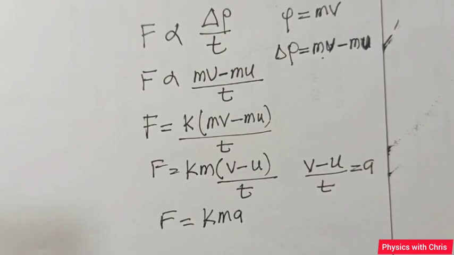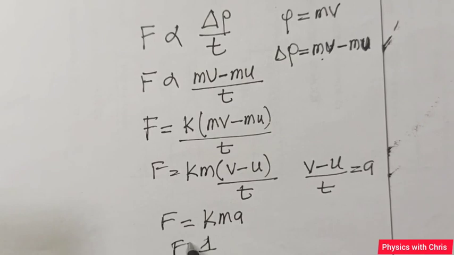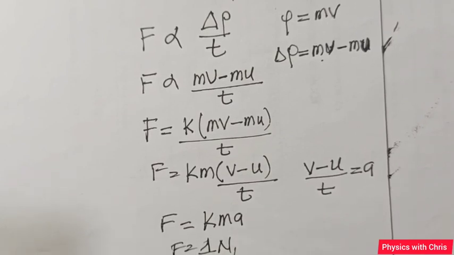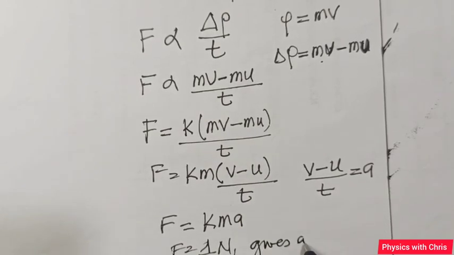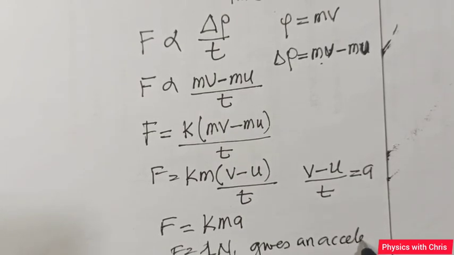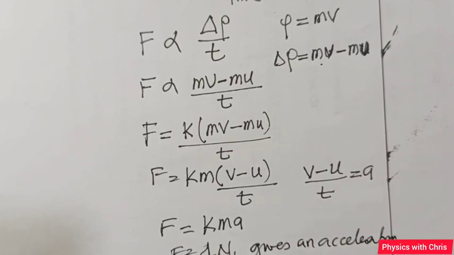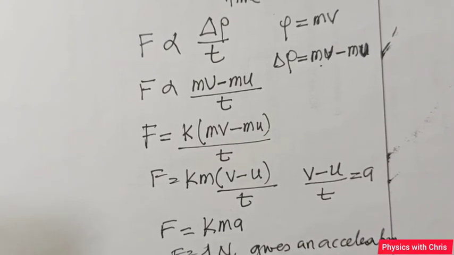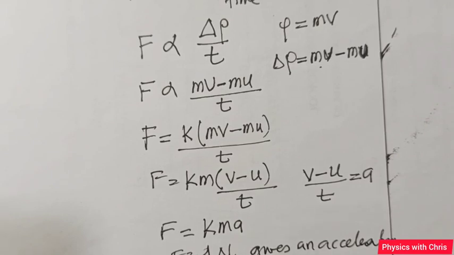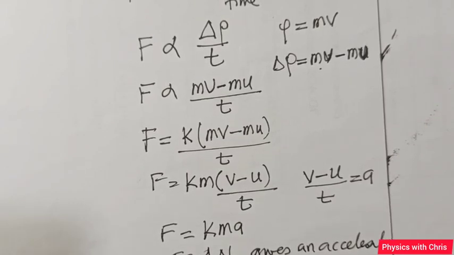Now we have to define the constant k. k is defined in such a way that a force of 1 Newton is used to define the value of k. 1 Newton is that force that produces an acceleration of 1 meter per second squared to a body of 1 kilogram.